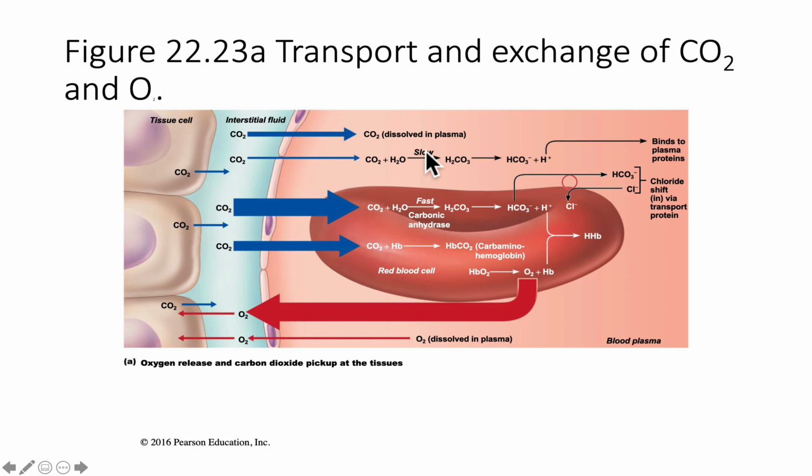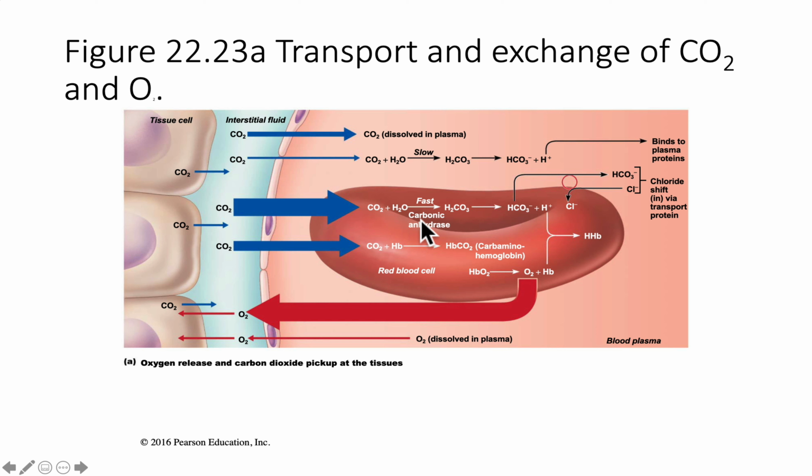So the main thing about this is that this process is occurring slowly. Now, the other thing that will happen is that the carbon dioxide gets picked up by the red blood cells. So it goes into the red blood cell, and in the red blood cell, this carbon dioxide and water reacts with carbonic anhydrase, and very quickly it ends up being converted into carbonic acid.